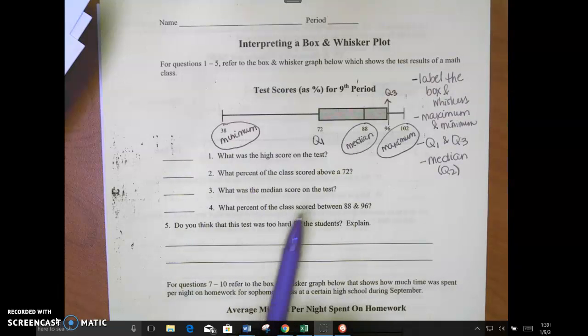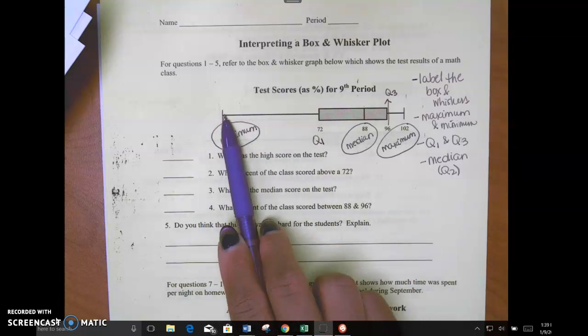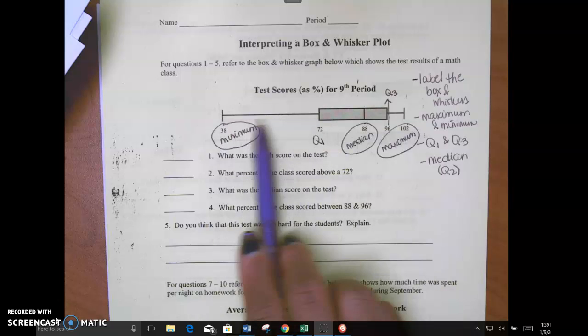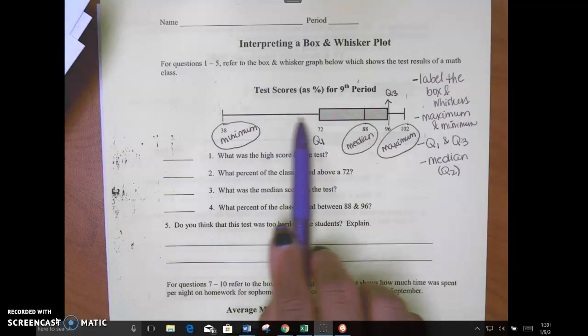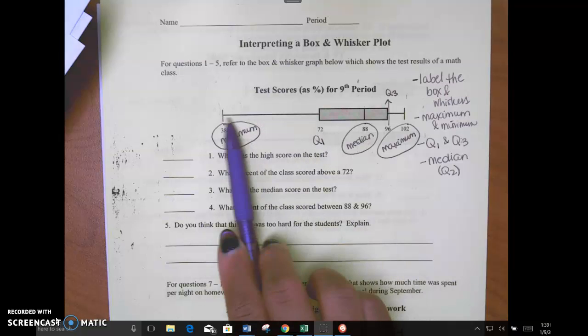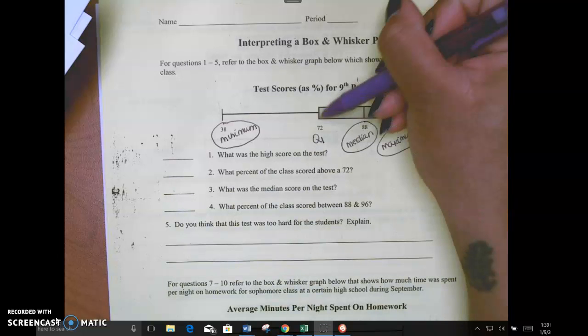Now, because I'm talking about quarters of data, if this is the end of the first quarter, what would this be as a percent? How much of the data would this be? Okay, listen to my statement. That is correct. This is the end of the first quarter right here.